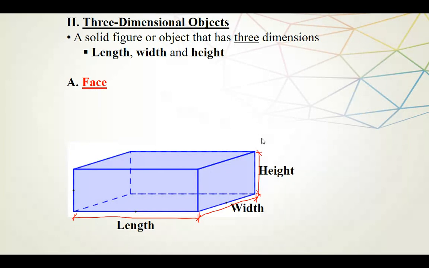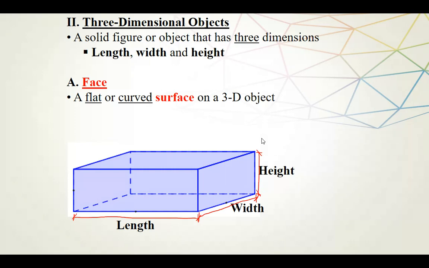We're going to go through some terminology about different parts of the three-dimensional object that we see, starting off with a face. A face is a flat or curved surface on a three-dimensional object.